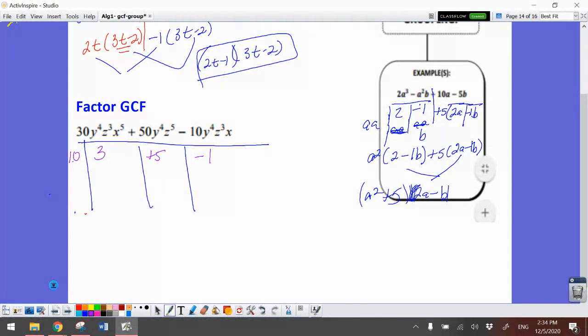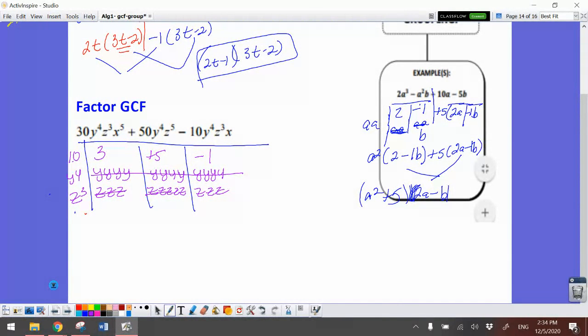So I'm down to my letters, okay? So this has 4 y's. This one has 4 y's. And this one has 4 y's. So I can actually take all 4 of them out of each one. So y to the 4th on the outside. So z's, there's 3 here, 1, 2, 3, 4, 5 here, and 1, 2, 3 here. Well, I can take out 3 z's.